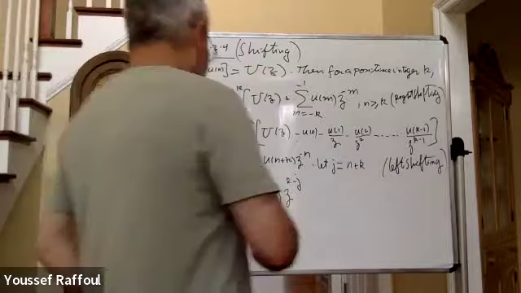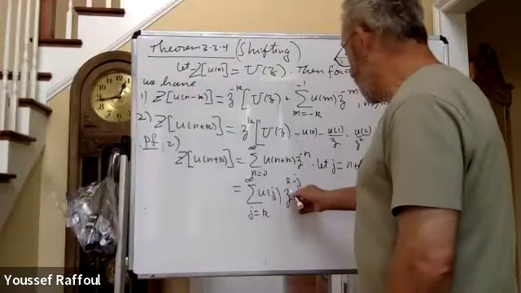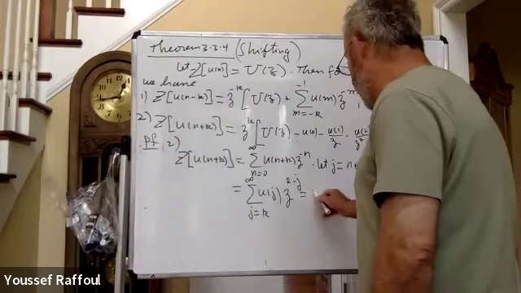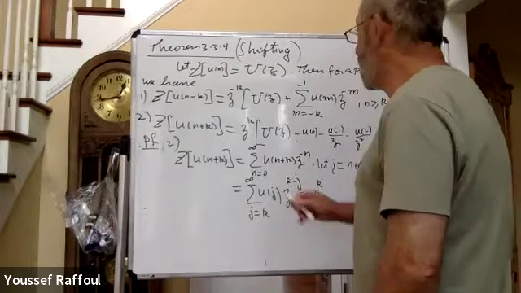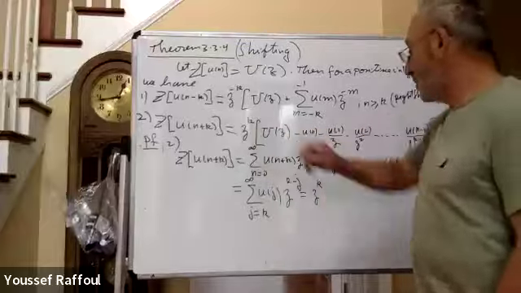So the summation is done over j, so we can take z^k out. You see it?